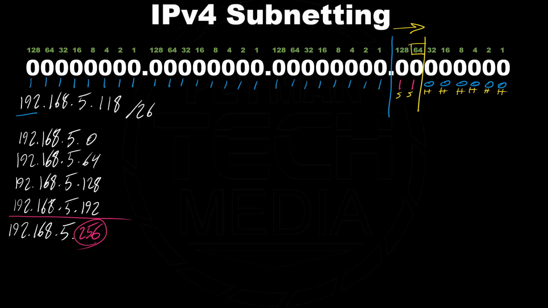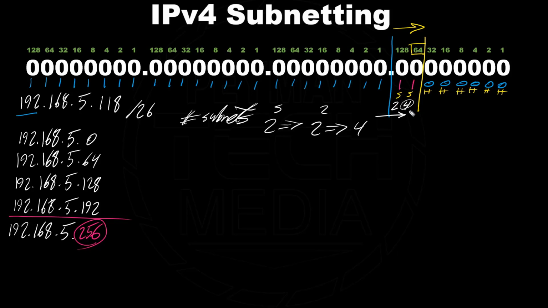And earlier we talked about the number of subnets. It's pretty much 2 to the power of subnet bits. And in this case, we have 2 subnet bits, 2 to the power of 2, which is 4. Or we can count at the bottom going from left to right, starting with number 2, 2, 4. So that's how many subnets we can have.